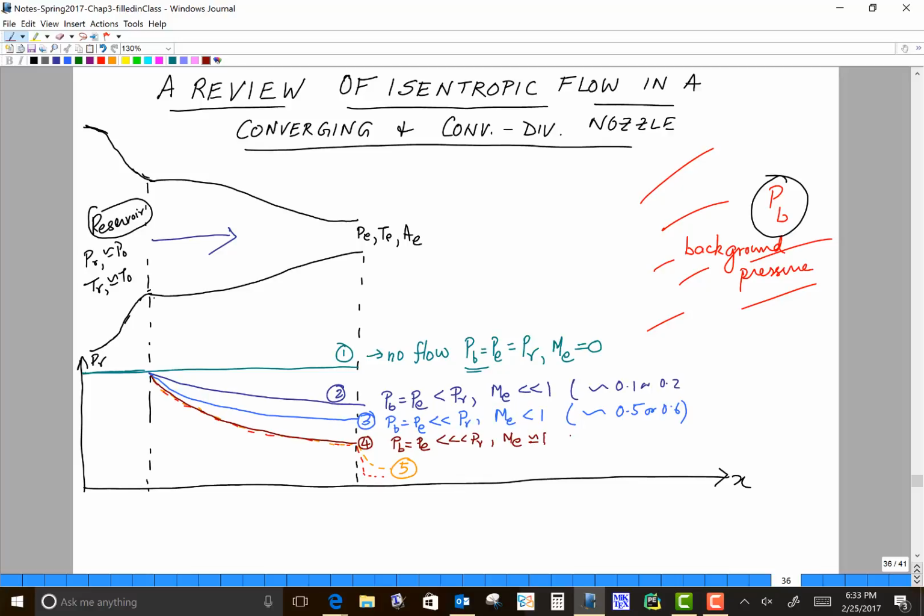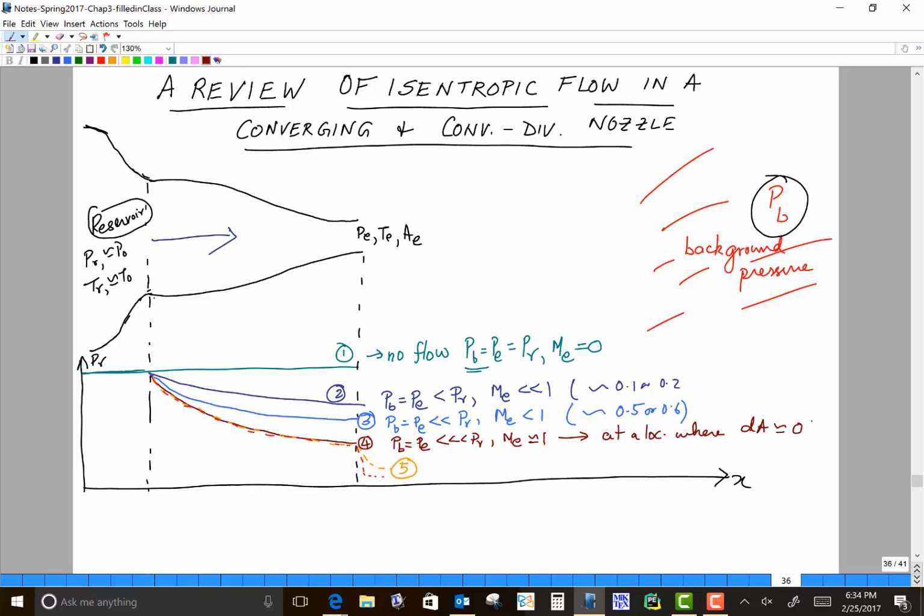Okay, so this is what is called the limiting case, and as we all know, for a converging nozzle, the maximum Mach number that can be realized in such a shape is a value of 1, and this would occur only at a location where dA is approximately 0.